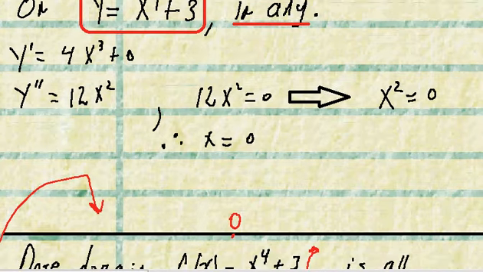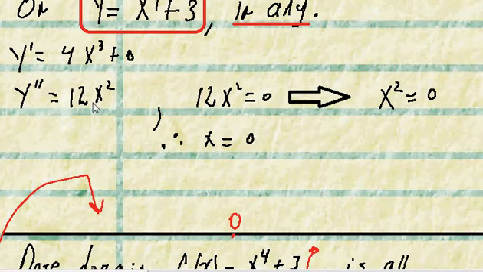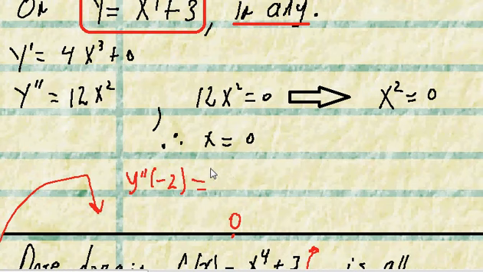If I choose the value -2 and evaluate it in y double prime, so y double prime evaluated at -2, I can choose any value, is going to be equal to 12 times 4. Now that is a positive number.